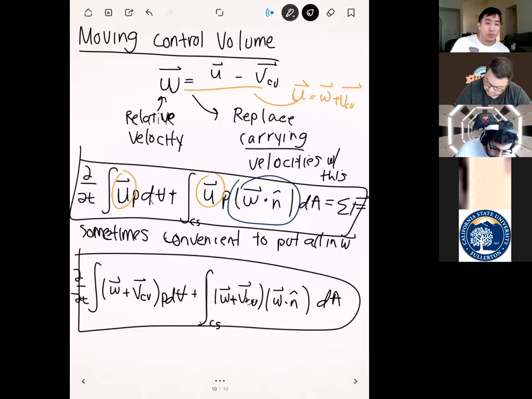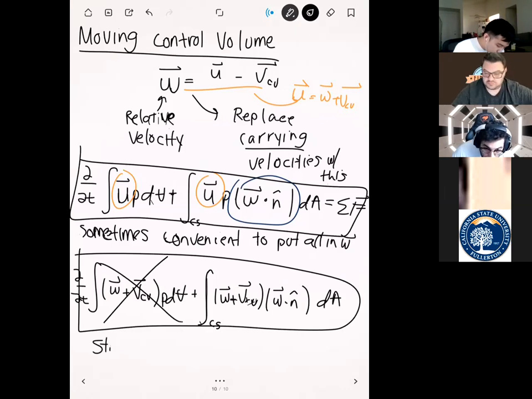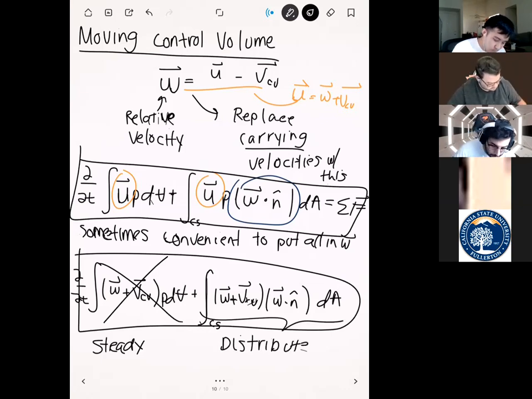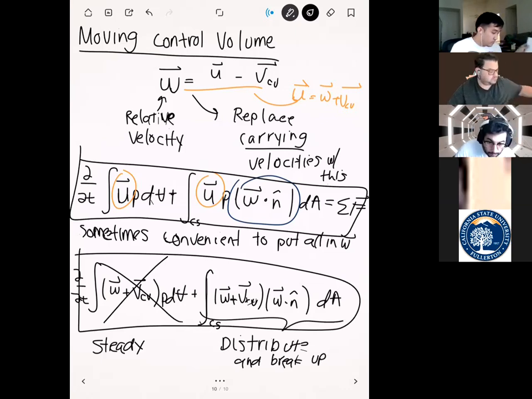It's just that sometimes the bottom one is a little bit more convenient because we're going to be computing the relative velocity anyway. So if we do what we usually do, we assume that this is steady. Let's distribute this and break it up into two terms.